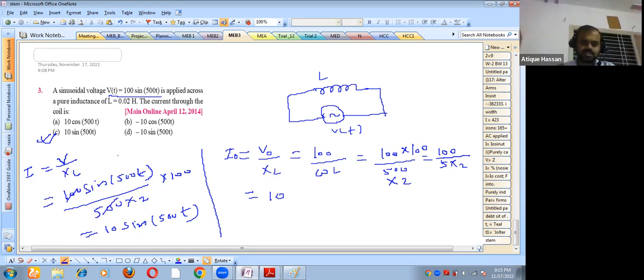But actually this is wrong. Most of us do it like that, but actually this is wrong. Why is it wrong? Can you tell me? The same kind of thing we did in the previous question in the last class.